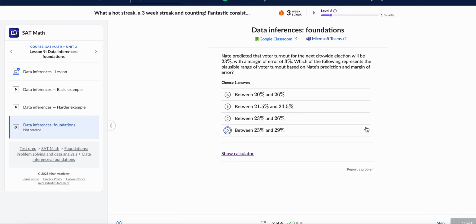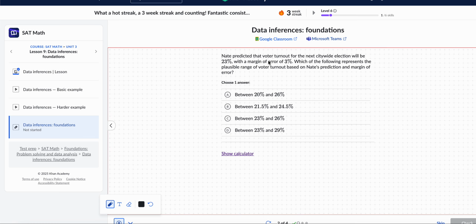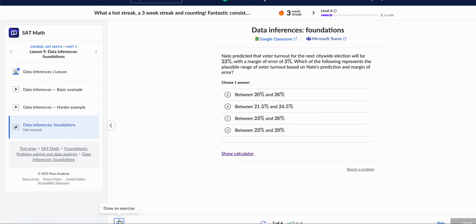All right. Now, Nate predicted that voter turnout for the next citywide election will be 23%, with a margin of error of 3%. Which of the following represents the plausible range of voter turnout based on Nate's prediction and margin of error?